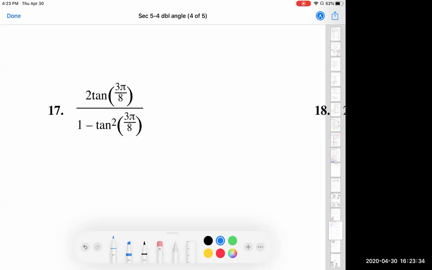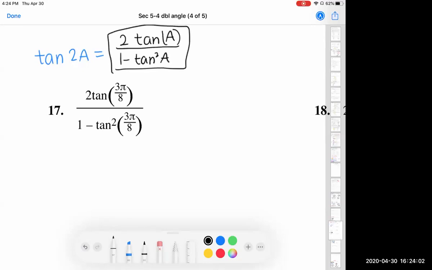Our tangent formula is tangent of 2A is equal to 2 tangent of A divided by 1 minus tangent squared.